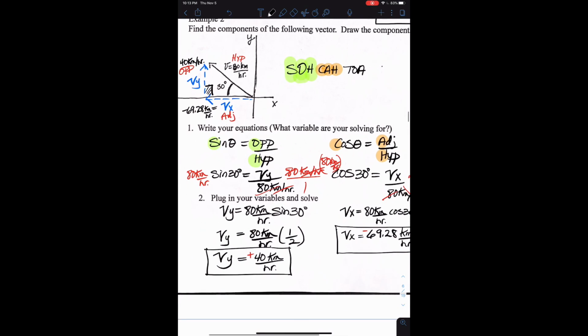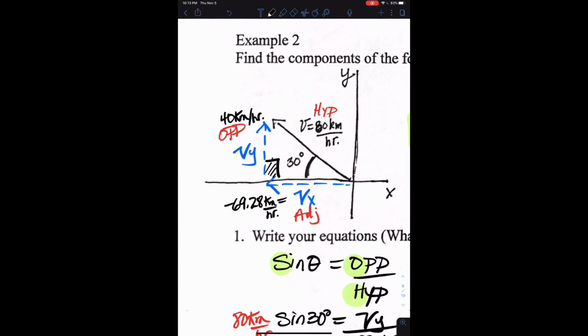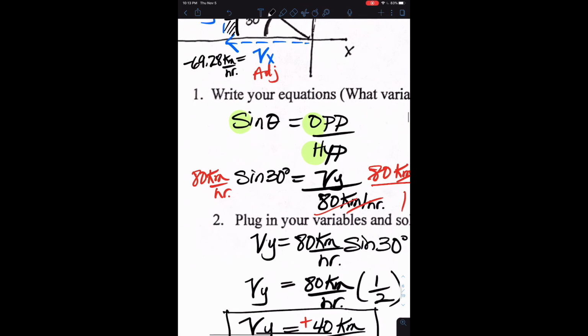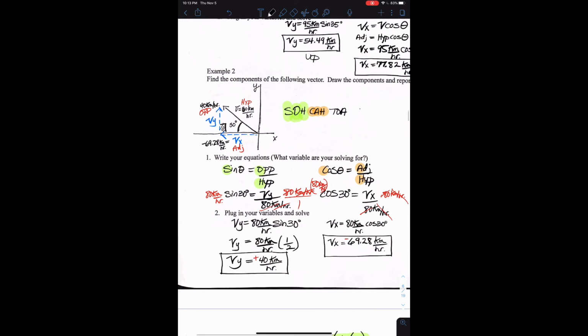So if this was a quiz and I was grading this, I'd look to see: did the student draw the vector components correctly, with detailed dotted lines, labeling them Vx and Vy? Did the student then write out the correct formulas, sine and cosine, and solve for the vector components Vx and Vy? And that's about it.